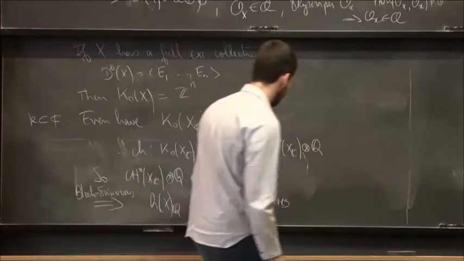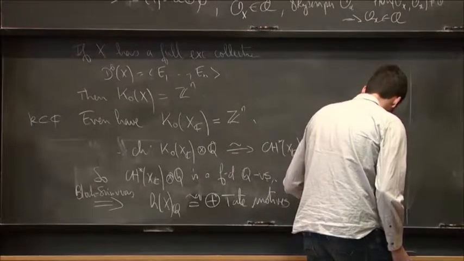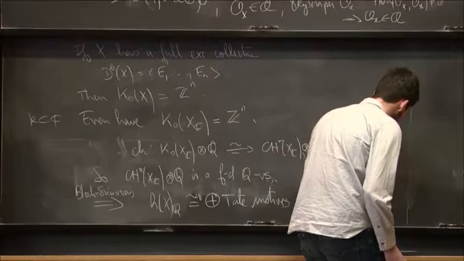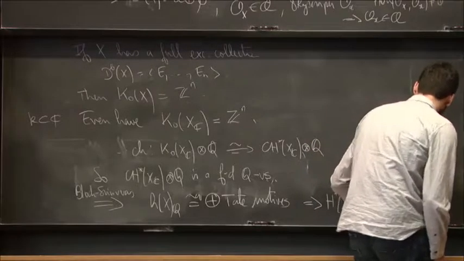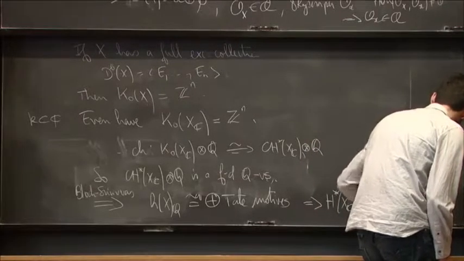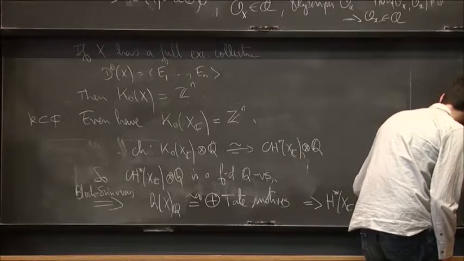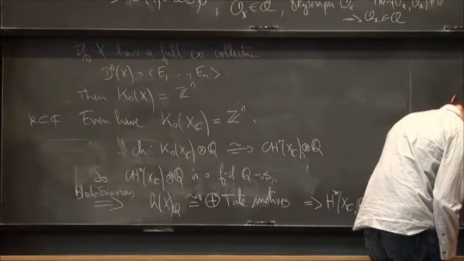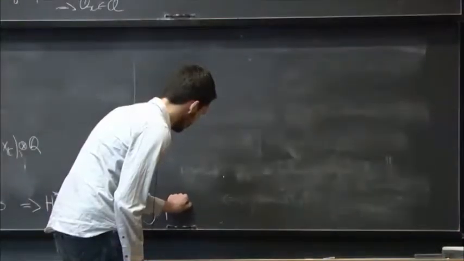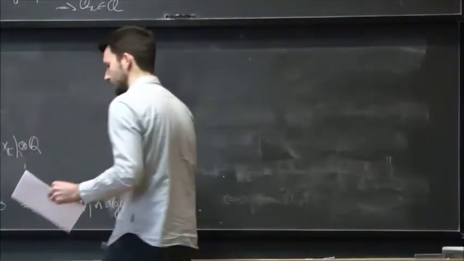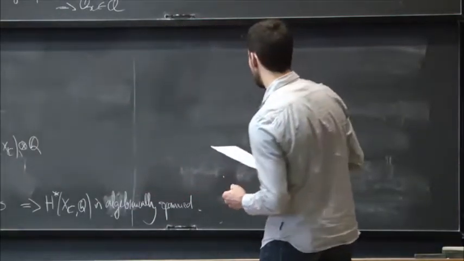Okay, so for example, this implies that H star, the cohomology of X_C with Q coefficients, is algebraically spanned, so spanned by algebraic cycles.